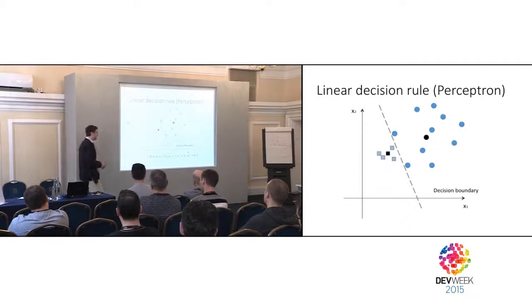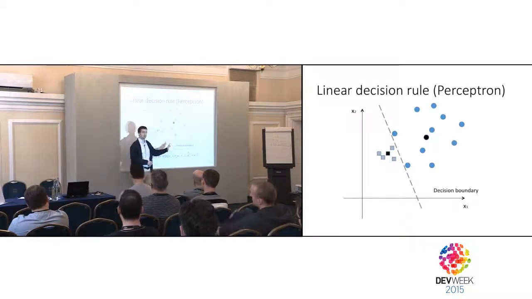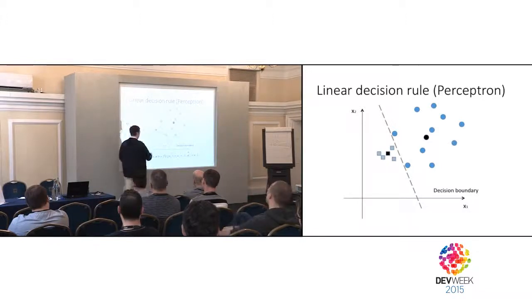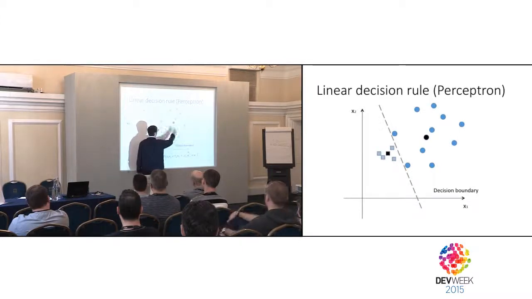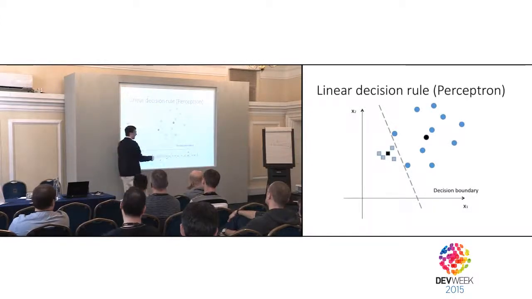Now, how do we train this system? So it's clear to us how it classifies patterns. Basically, we have a certain orientation and location of this line in feature space, which is determined by these coefficients. And how do we classify?